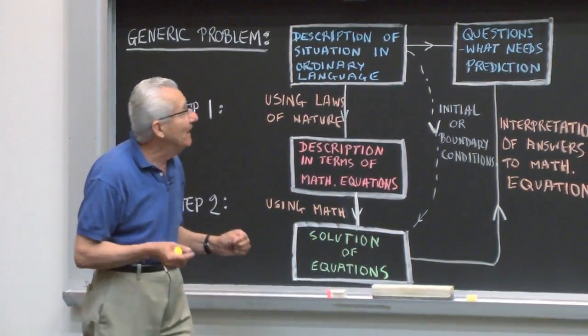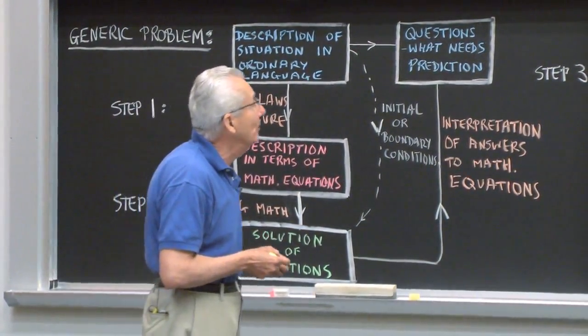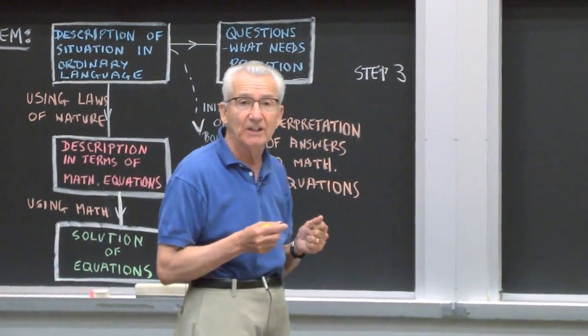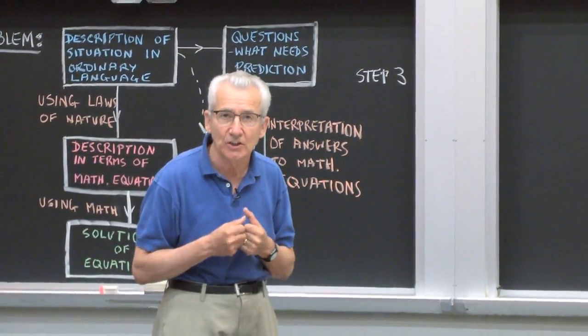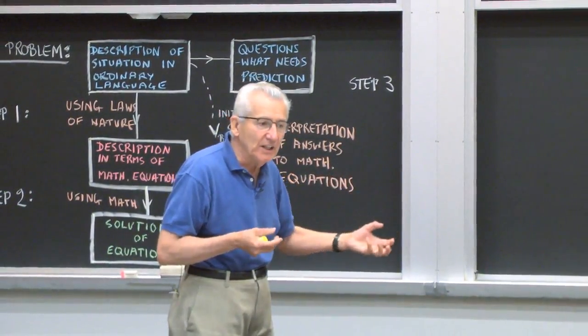Okay, having said that, let's immediately dive in and take one of the problems. So the first problem I'm going to consider is an idealized driven RLC circuit. Why do I say idealized?